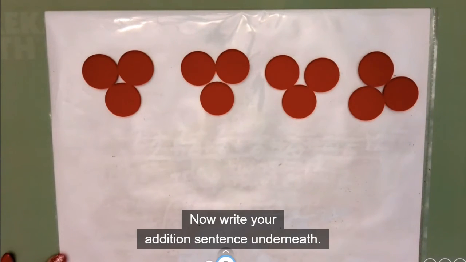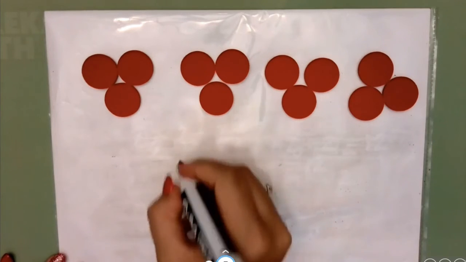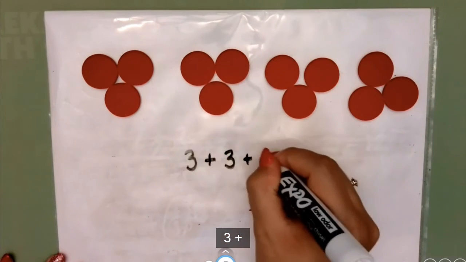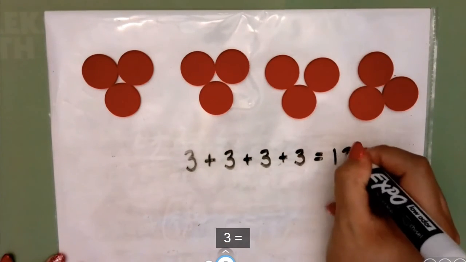Now write your addition sentence underneath your counters. 3 plus 3 plus 3 plus 3 equals 12.